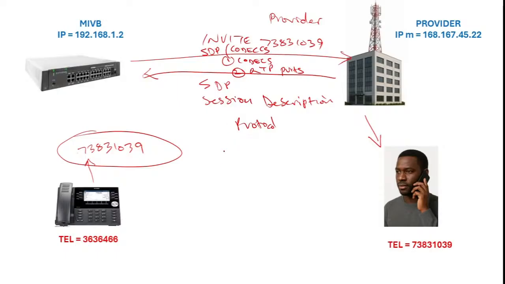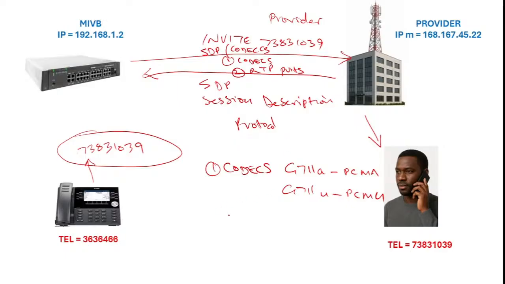So in the codecs, it's going to send a list of codecs in the invite to say, maybe I need to talk to you on G711 A-law or G711 U-law, depending on what you have configured to be sending in the SDP. G711 is also known as PCMA, also known as PCMU.